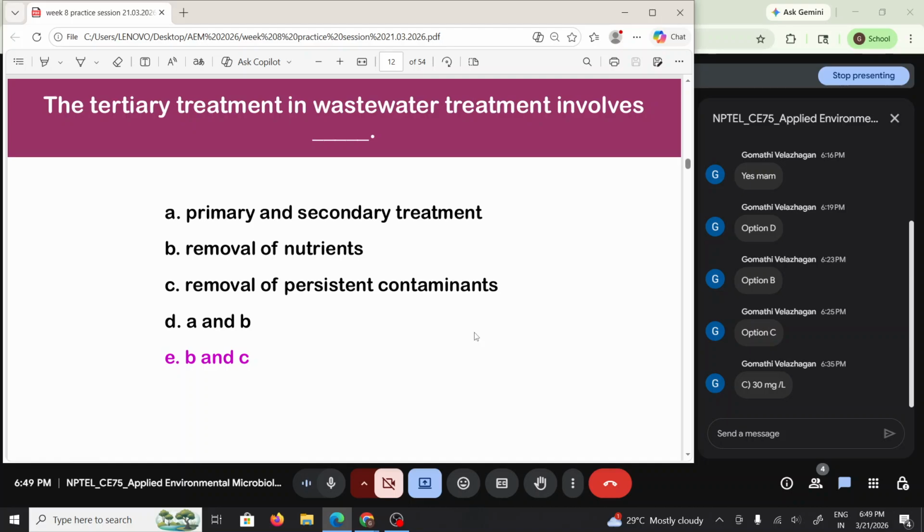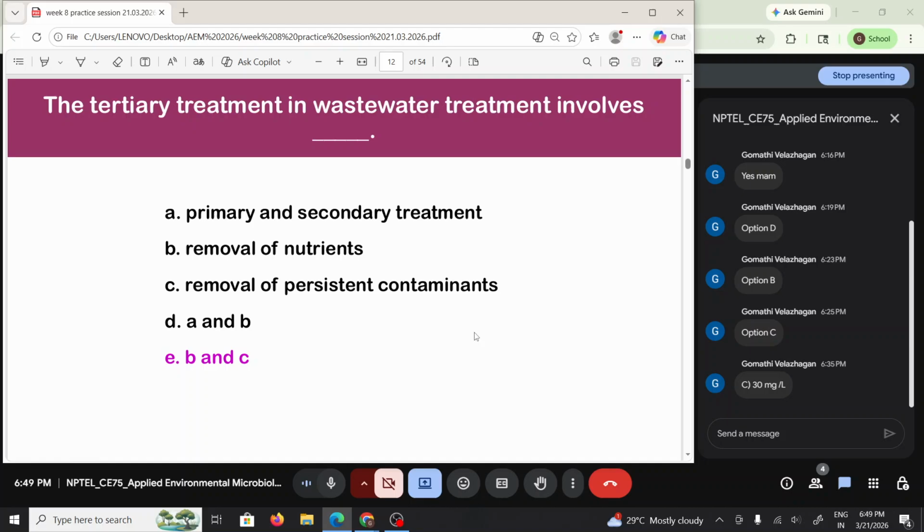That is essentially the removal of nutrients, like we saw about the removal of nitrogen and phosphorus, and the removal of persistent contaminants. Let's say we have some antibiotics or other emerging contaminants, PFAS, microplastics, whatever is present. You have some technique to remove them, like advanced oxidation processes, which we use in some cases.